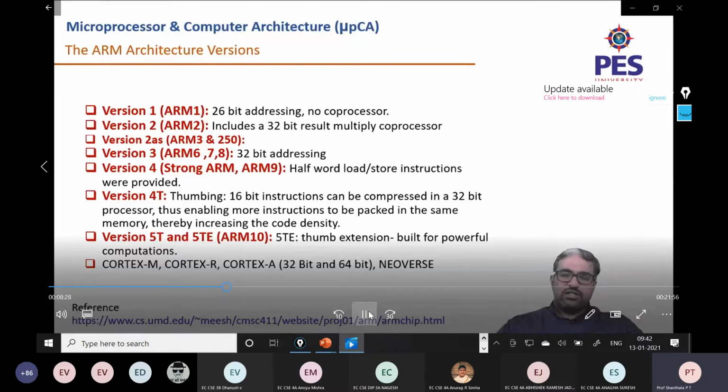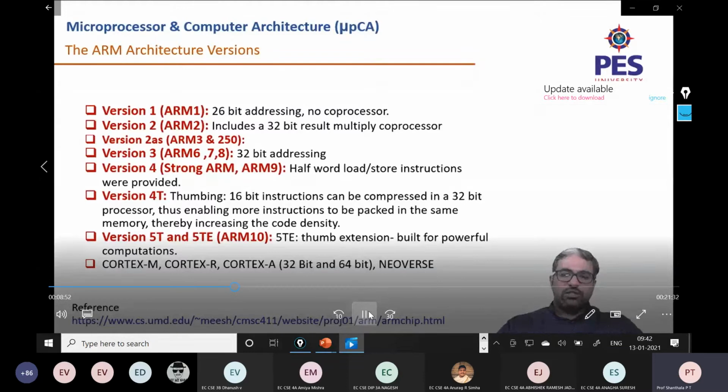In order to reduce the code density, like I told you, devices will be small. You can design any big devices or small devices. If you want to reduce the code density on the device, instead of programming for 32-bit, you can program for 16-bit.